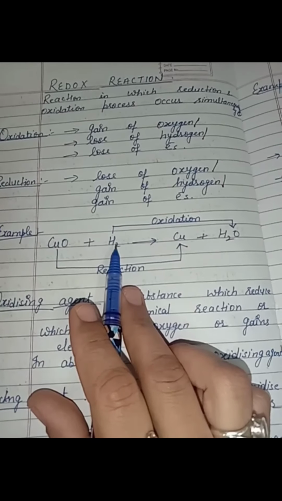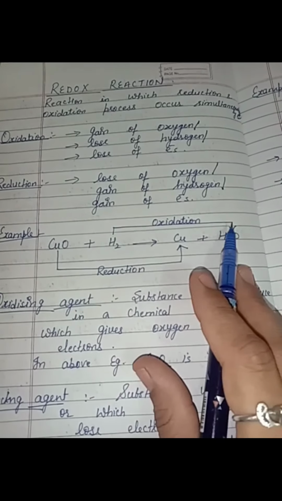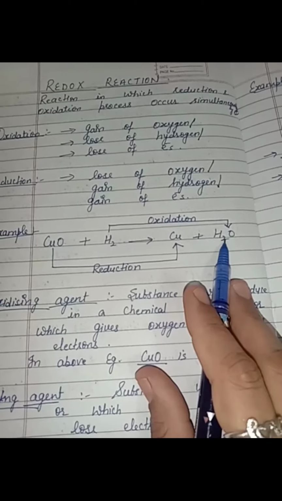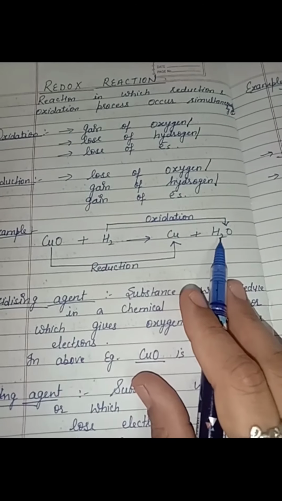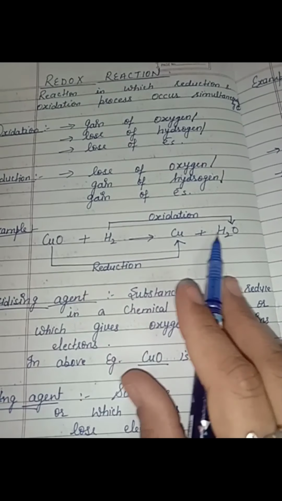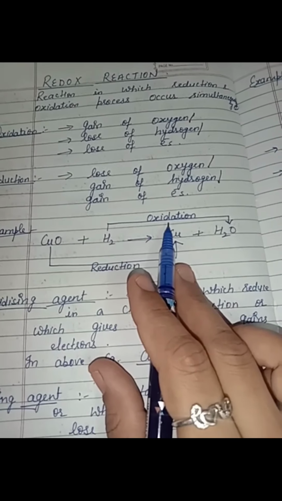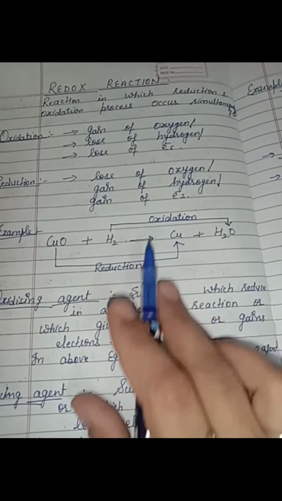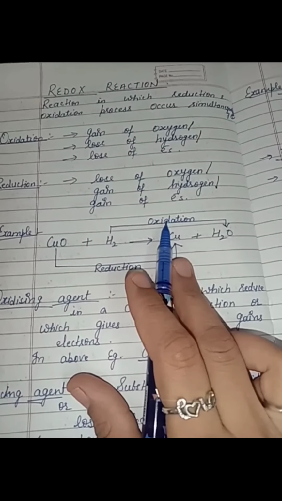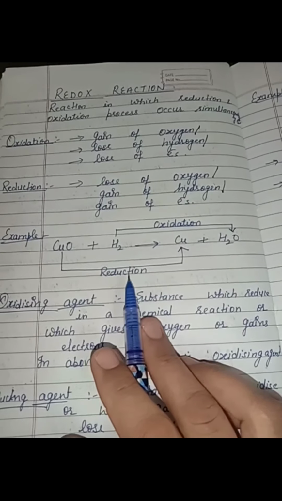And see here, hydrogen, here it is water. So when we go from this hydrogen to water, addition of oxygen is there. So this process will be oxidation. In this way, we can very easily recognize where the oxidation is going on and where the reduction is going on.